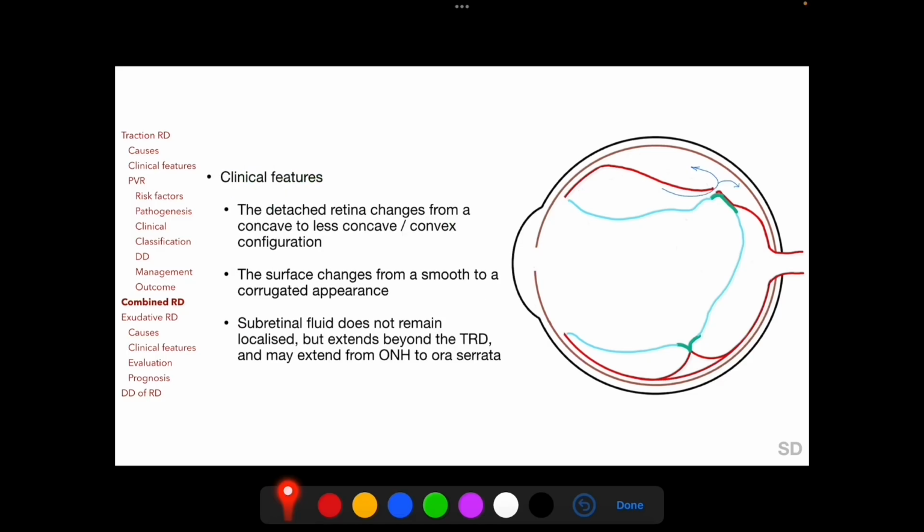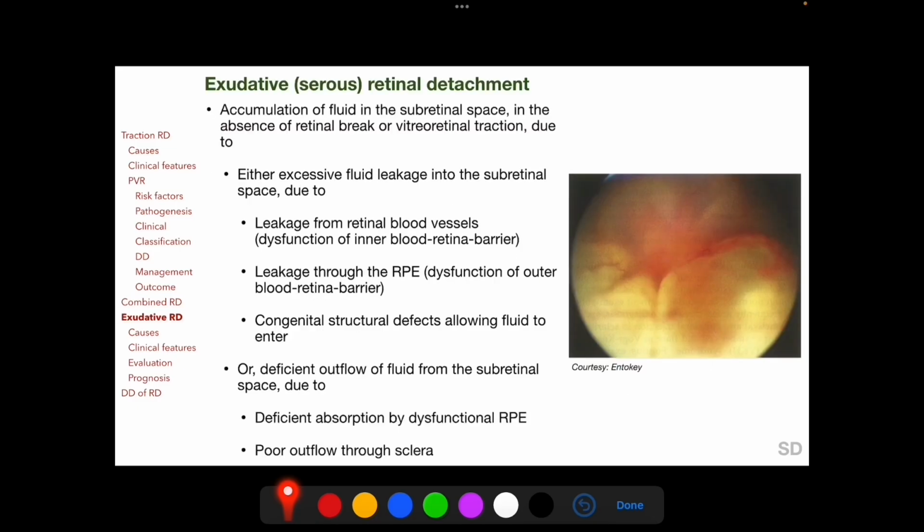The detached retina thus changes from a concave to a less concave or convex configuration, and the surface of the detached retina changes from a smooth to a corrugated appearance. The subretinal fluid does not remain localized to the zone of the original TRD, but extends beyond that zone and may extend from the optic nerve head to the ora serrata.